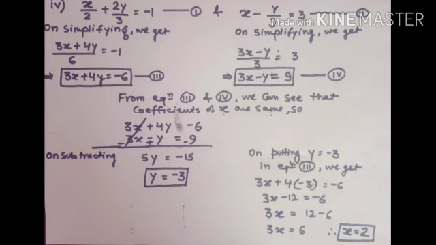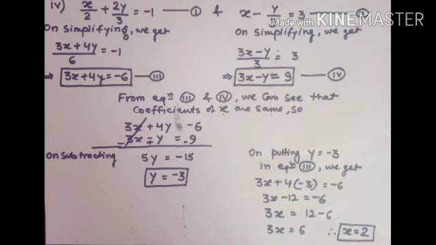First of all, let us simplify both of these equations into standard form. So on simplifying equation 1, we get 3x plus 4y equal to minus 6 as equation number 3. You can see on the screen. Similarly, on simplifying equation 2, we get 3x minus y equal to 9 as equation number 4.